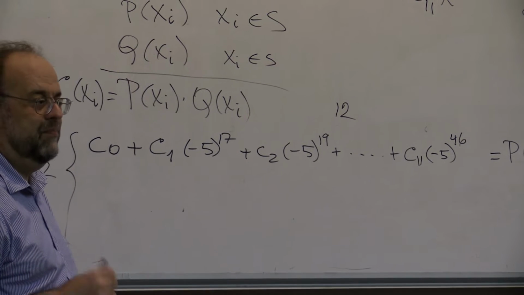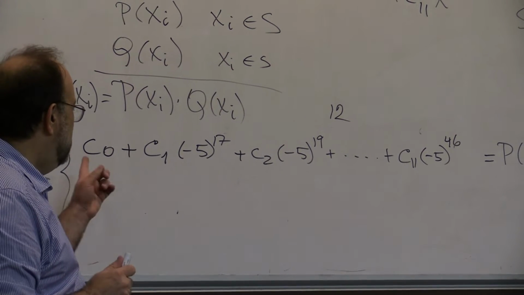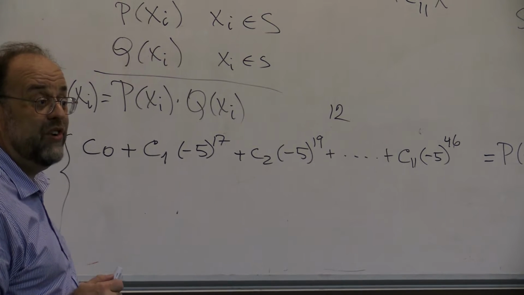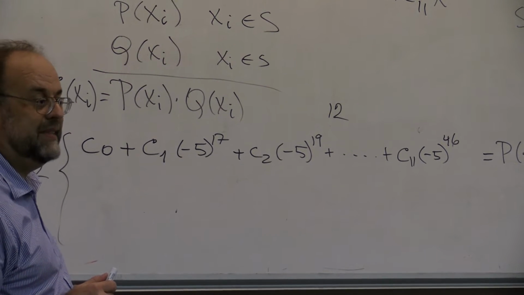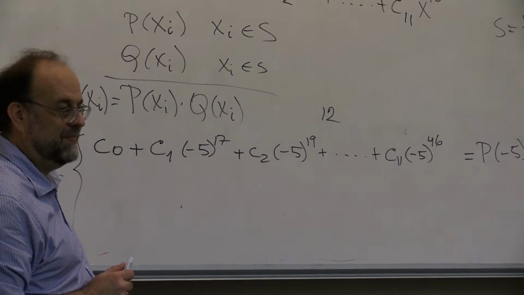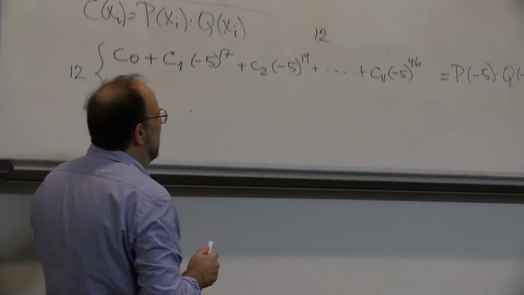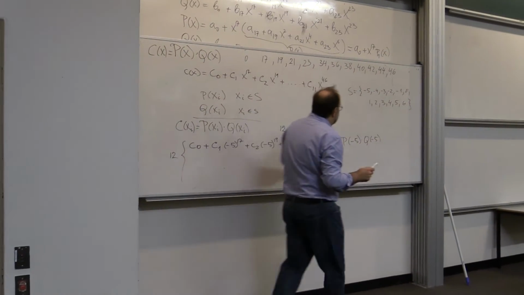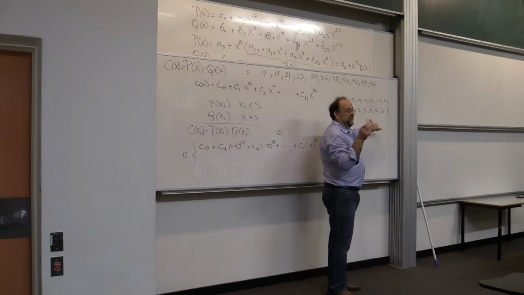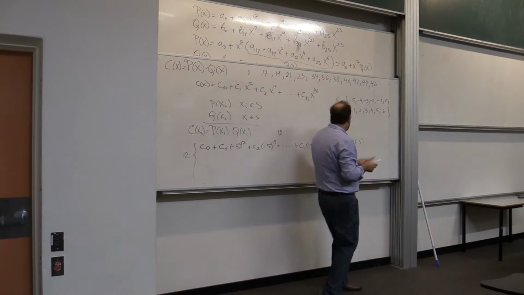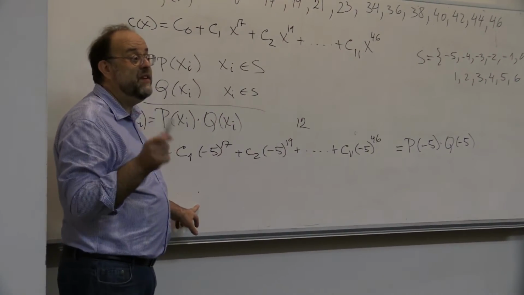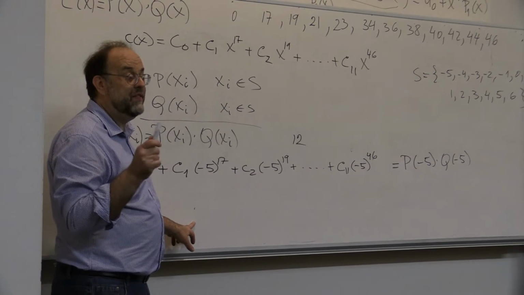But there is a problem. Why does this system have a solution at all? Unfortunately, no. Now, this is what we want to see next. So the moral is 12 values is enough, but you have to make sure that the system of equations is not singular, that it has a unique solution.